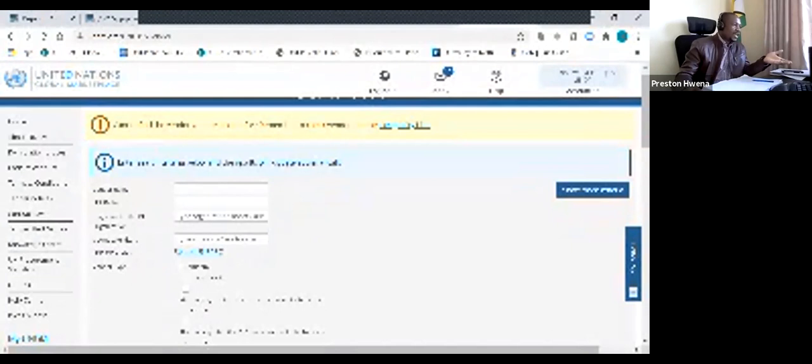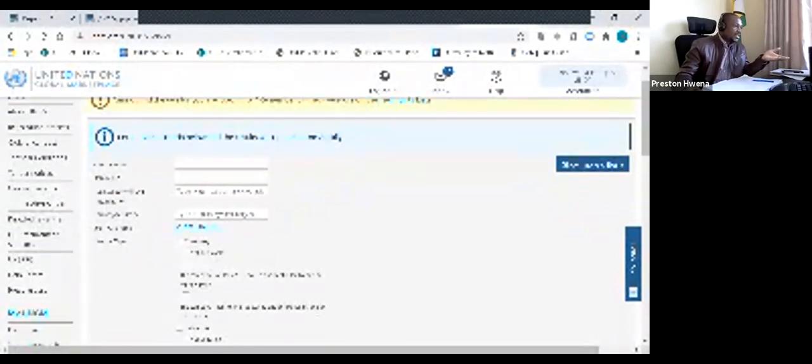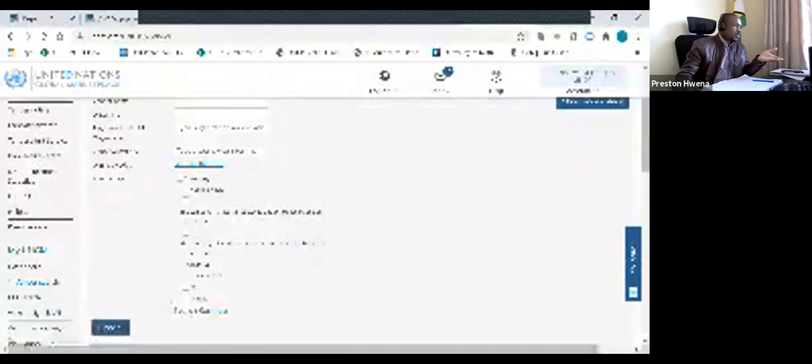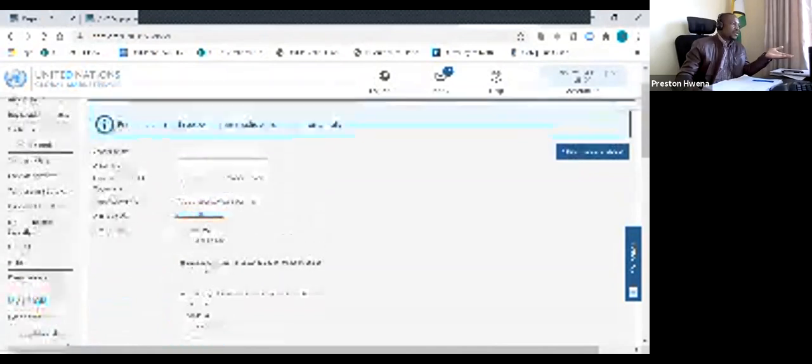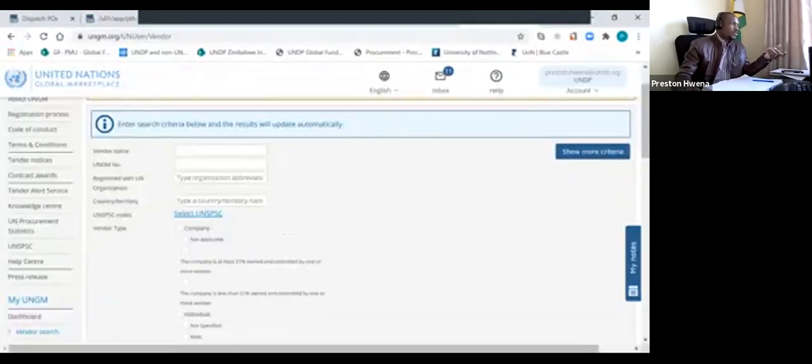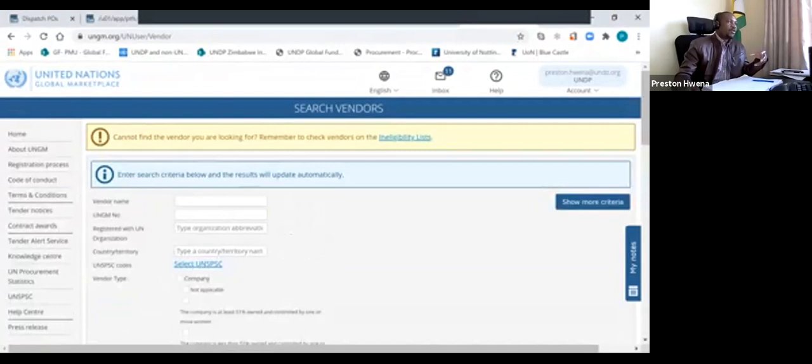For example, I can say, I need any vendors within this setup, and I can type whatever you do, then I can search for vendors, then I can contact you. So it's also a good platform for you to visit.